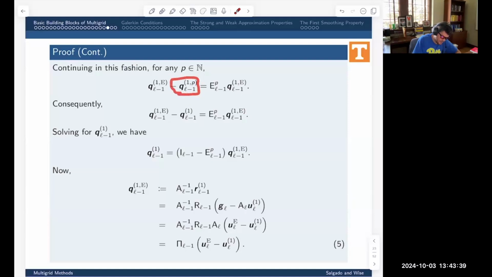This guy here just gets defined as this object. That's from our definition of multigrid. That's just by definition, okay? Once we finish our multigrid application of the P cycle, then we come out and we define this object. That is the coarse grid correction that we're actually going to use in our multigrid. So it comes out labeled like that. We're going to relabel it like that.